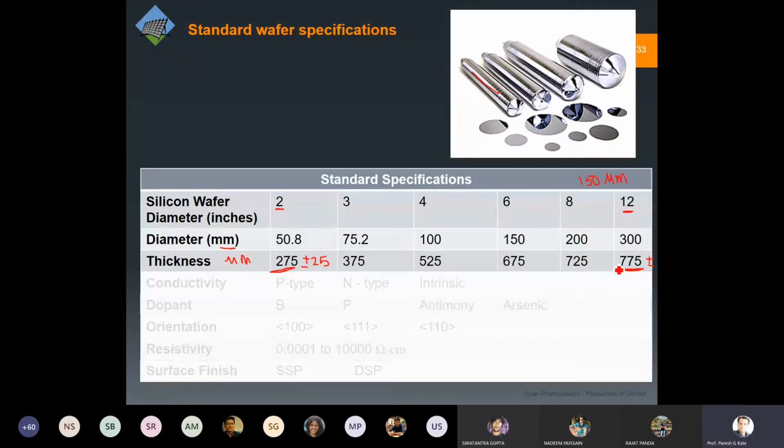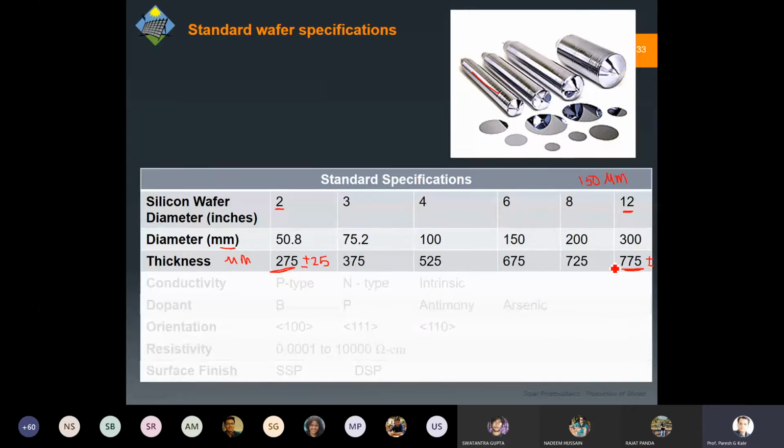If I use a 12 inch wafer, good that I'm using a large size, but where will the problem be? The extra 600 micrometer or so will be absolutely waste material, because it will not be electronically active. It will not take part in any energy conversion whatsoever, but it is sitting there, and obviously it is going to add to the cost.